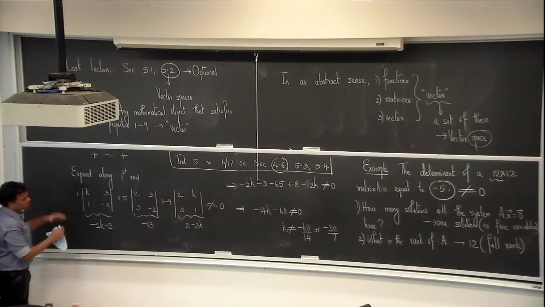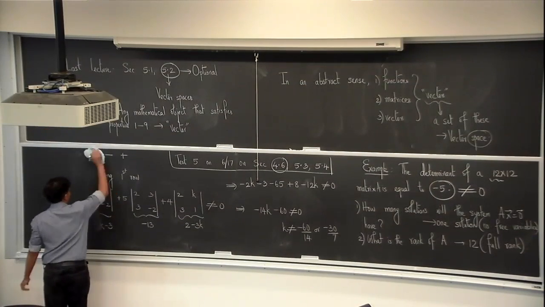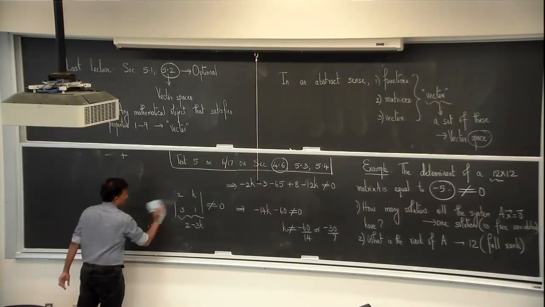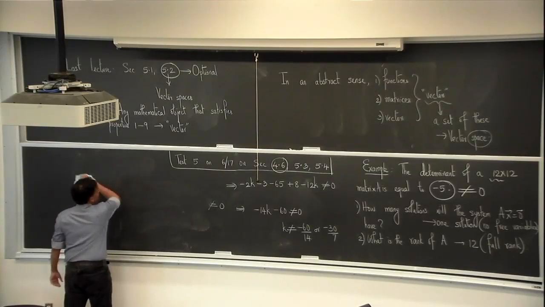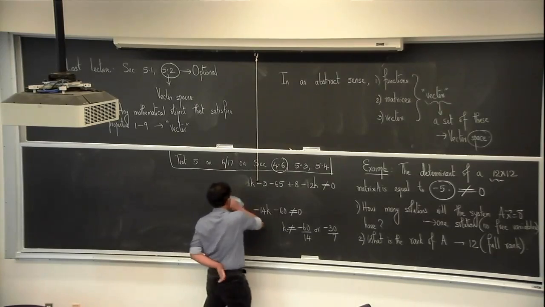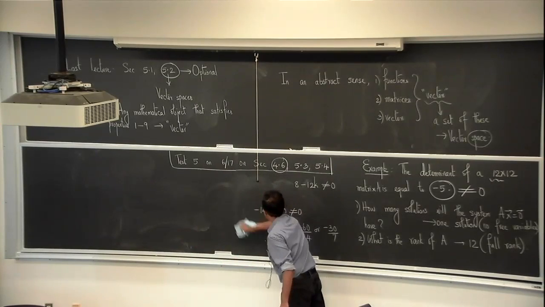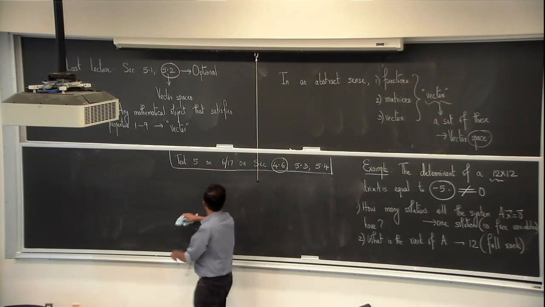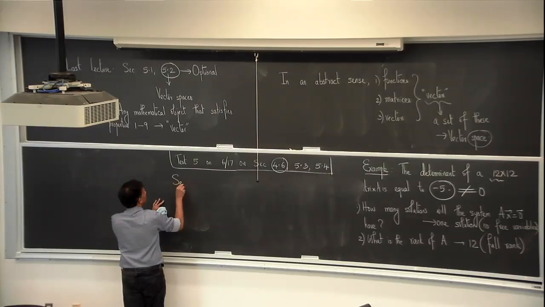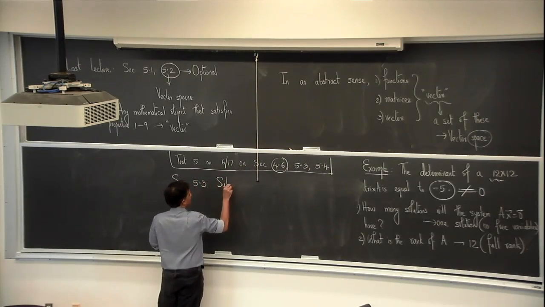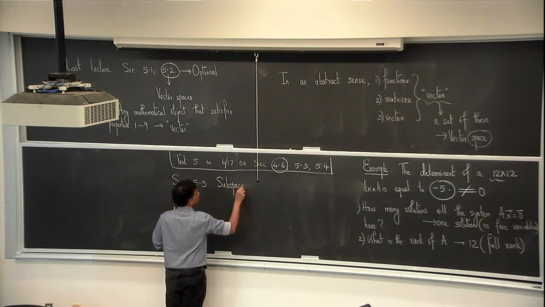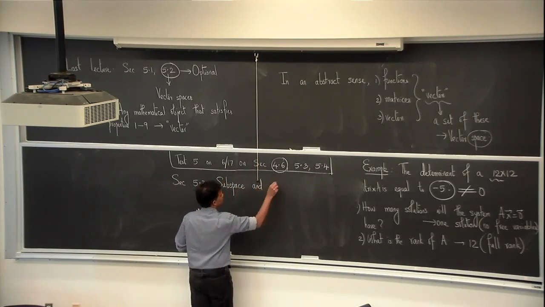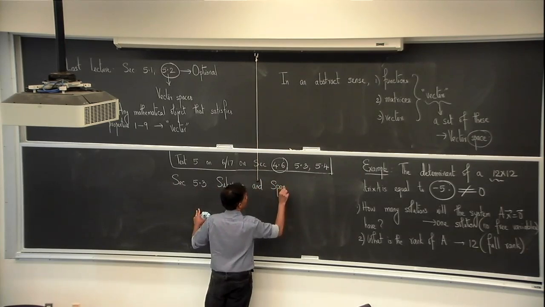All right, so now let's move on to section 5.3, which is going to be partly optional, partly important. Okay. So we're slowly making the transition from optional to what you need to know for the semester. So the title of this is Subspace and Spanning Sets.